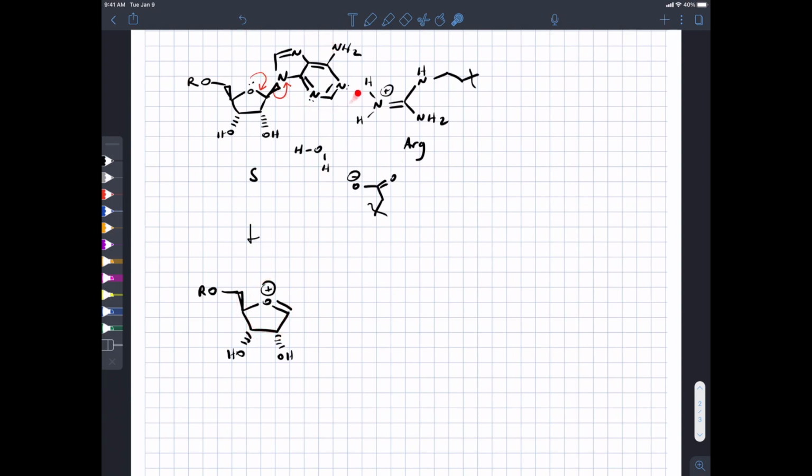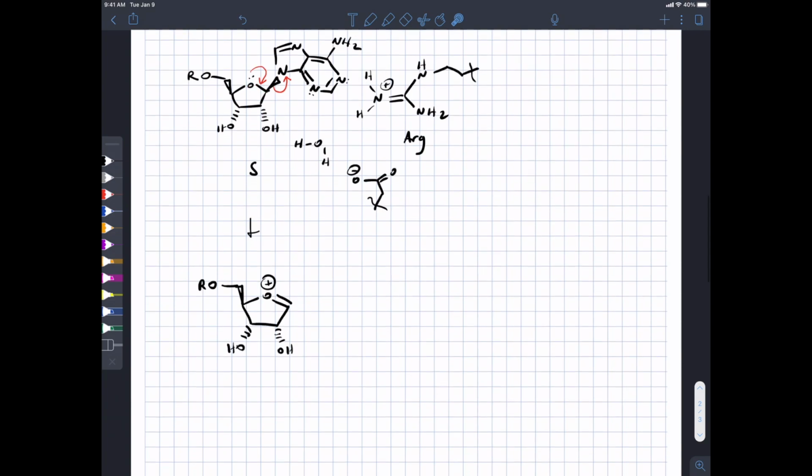As the adenine leaves, there's going to be a buildup of positive charge on this carbon and on the adjacent oxygen. And then what happens to the adenine base as it leaves? Well, that part is controversial.